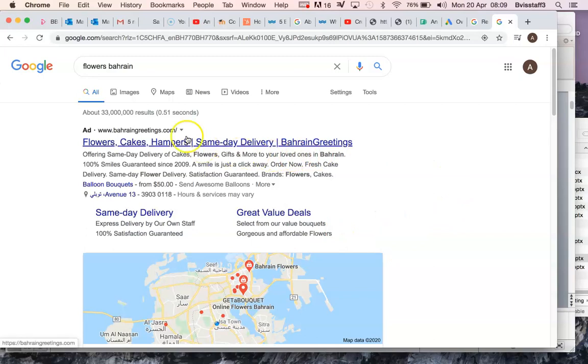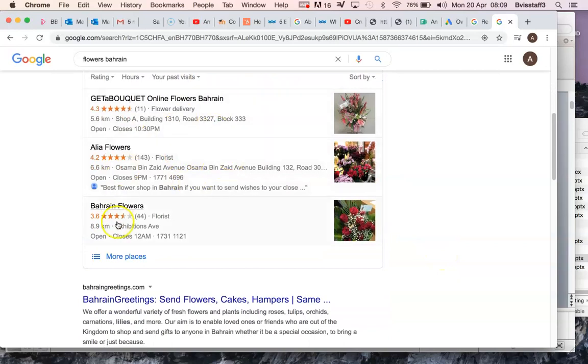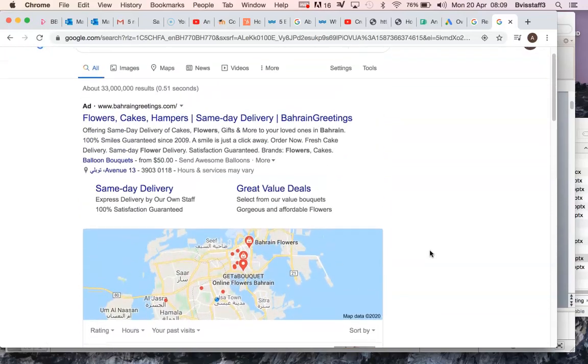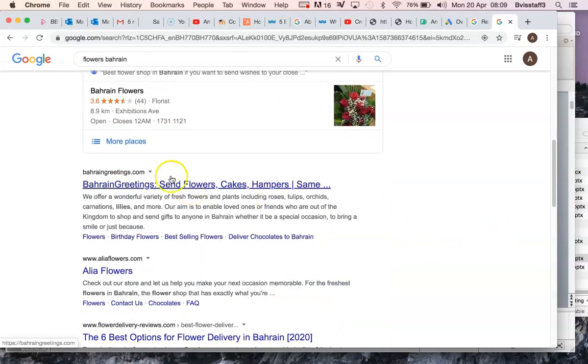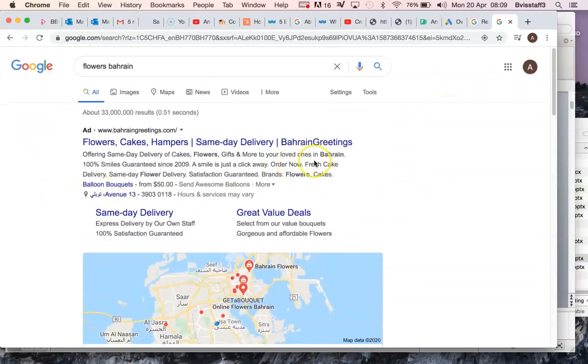But just to get the notion that this is a paid ad and this is non-paid, this is just good search engine optimization practices. And we can see Bahrain Greetings actually have a paid ad, but they also appear very highly here as well. That's not uncommon, that you might pay to come up here, a bit like why Coca-Cola still advertise even though everyone knows their drink?